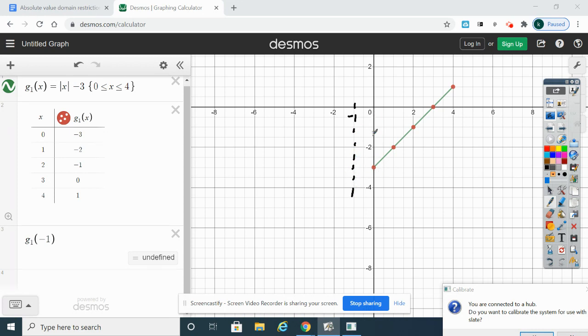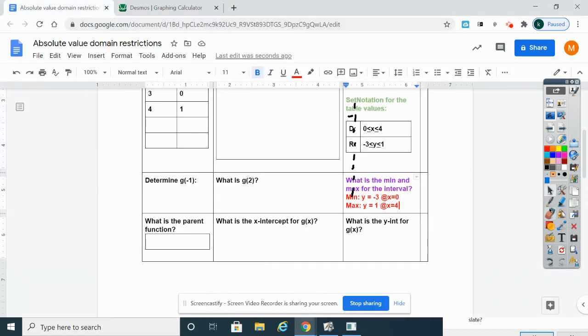It stops right here at 0. So it's undefined because there's no portion of the line that we're including. Now, if we did the whole thing, we didn't have restrictions, maybe there would be and we'd have a value. But right now, it's undefined. It does not exist at that location. So going back over here, if that happens, you can write DNE, which means it does not exist, or you can write undefined at that point.